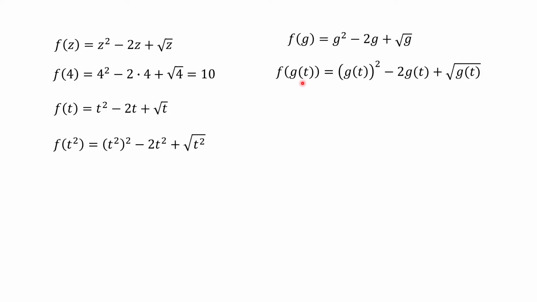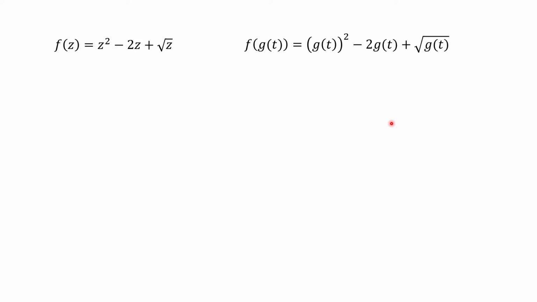It's a very interesting thing to know, and it's actually important in algebra. There's a different notation for this, so I'm going to show it to you. Sometimes people write it like this, sometimes like this, but essentially it's the same thing. It's a function of a function. It's a function where the argument is another function.